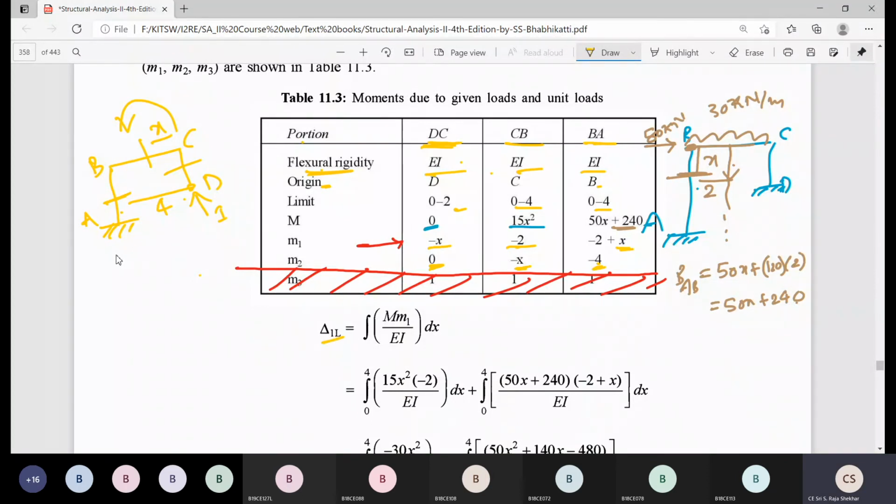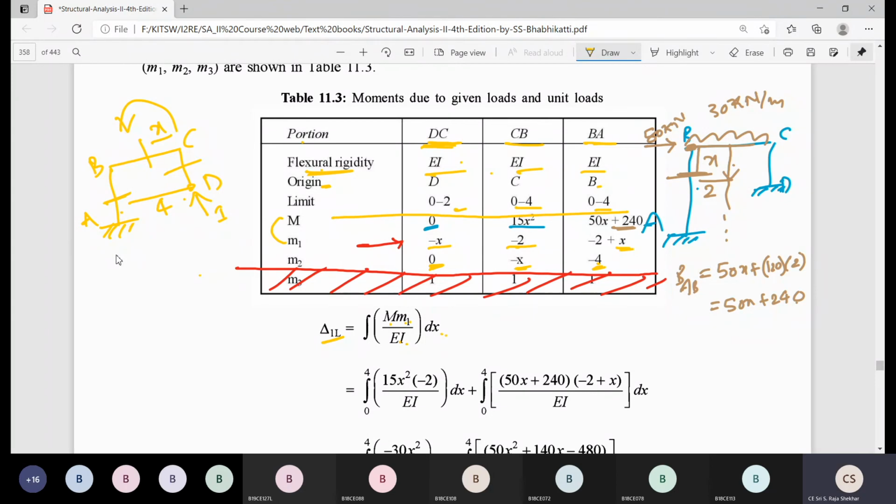Now this is for the calculation of delta 1L. This will be the formula: sigma capital M into M1 by EI into dx. Just multiply these two rows and apply the limits for all these spans.